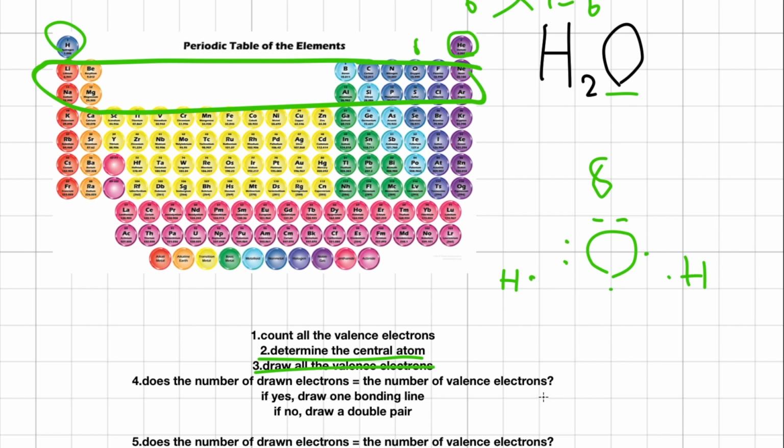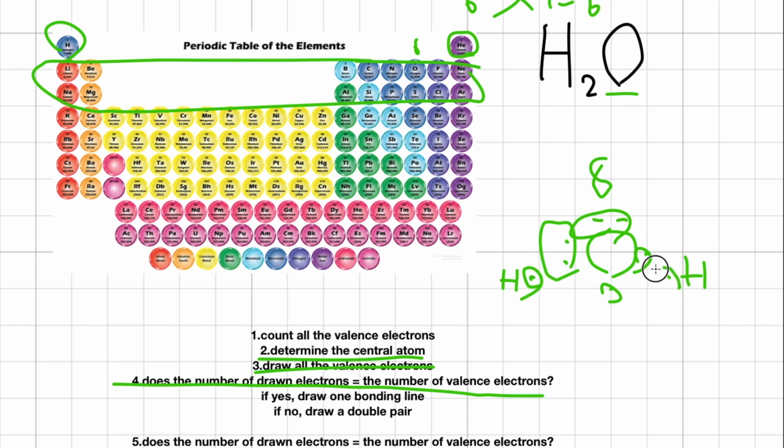Anyway, what we're gonna do is answer this question. Are the number of drawn electrons equal to the number of valence electrons? Okay, so 1, 2, 3, 4, 5, 6. 1, 2. 1, 2, 3, 4, 5, 6, 7, 8. So 8. 8 is definitely equal to 8. So we're going to draw hydrogen here, oxygen here, and hydrogen here.